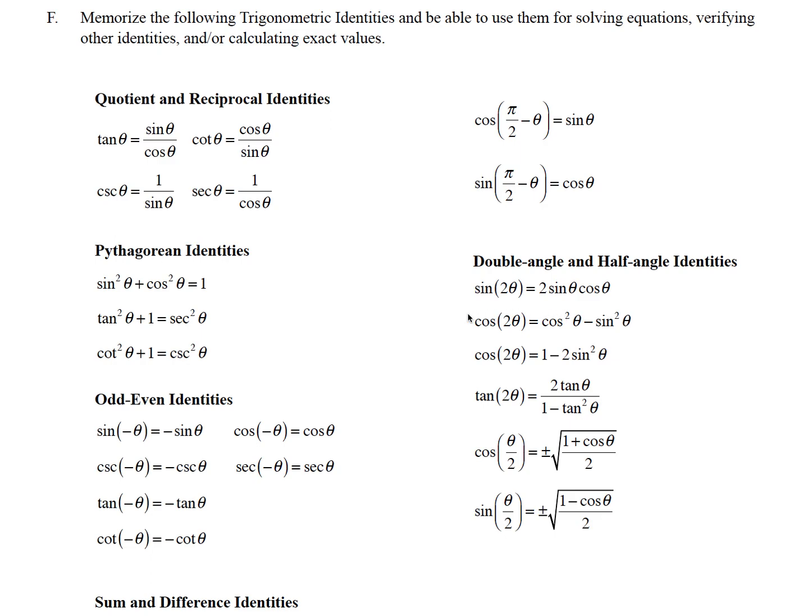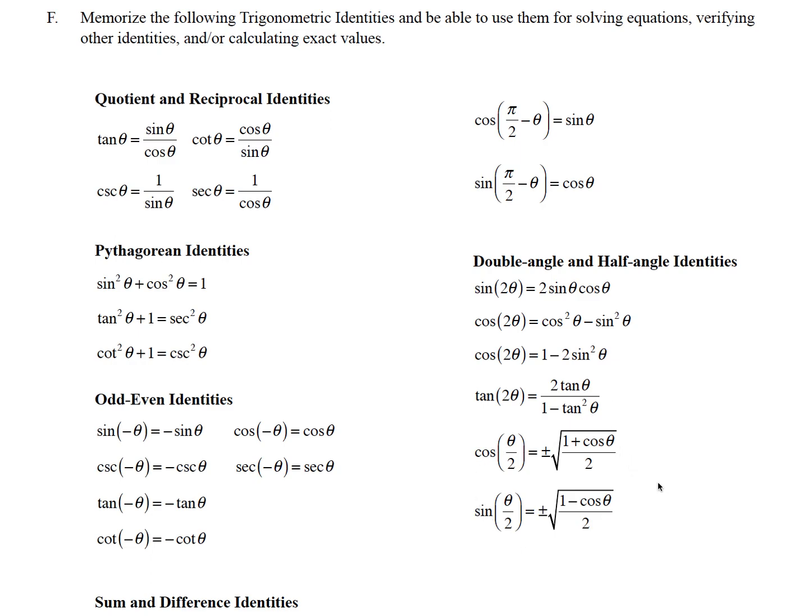There were other identities involving the double angle for cosine, but they were nothing more than algebraic rearrangements of these. So if you have these memorized, then that should be all you need. And there's one tangent double angle here.